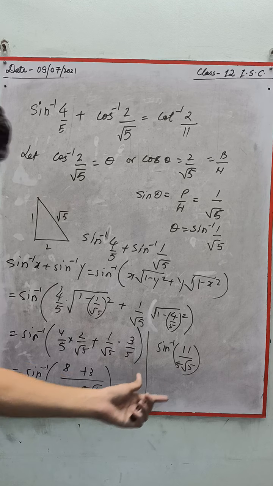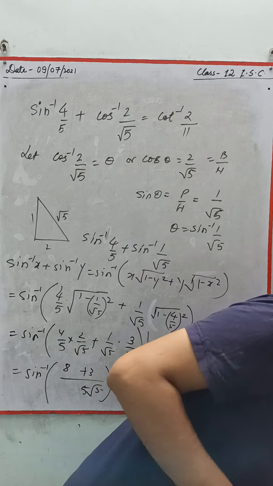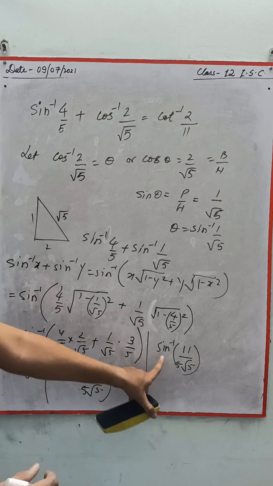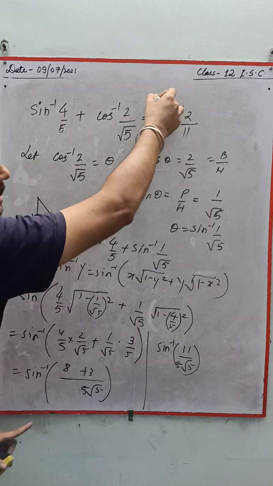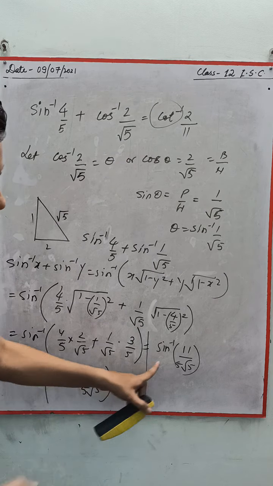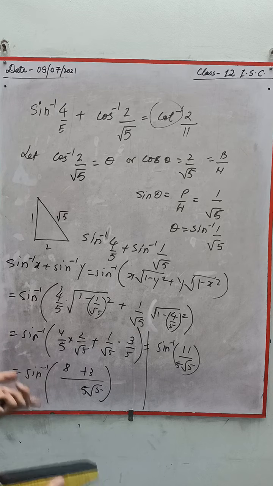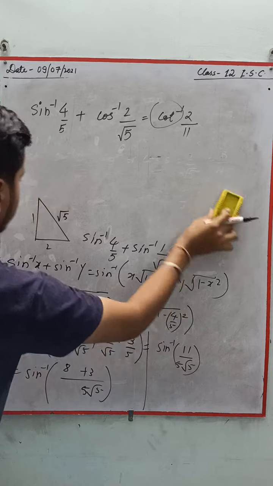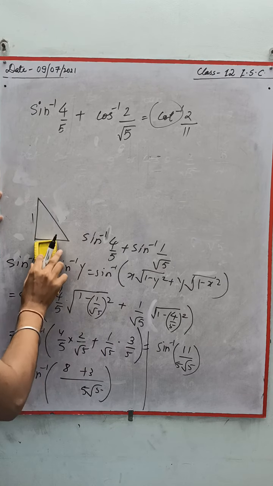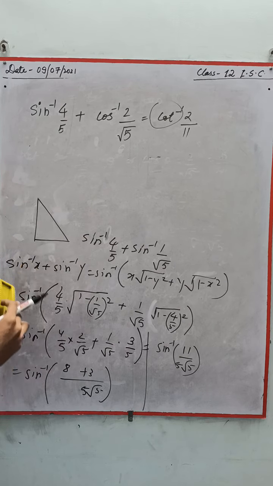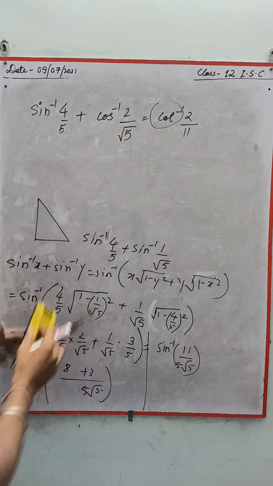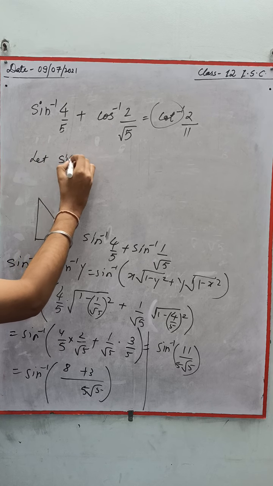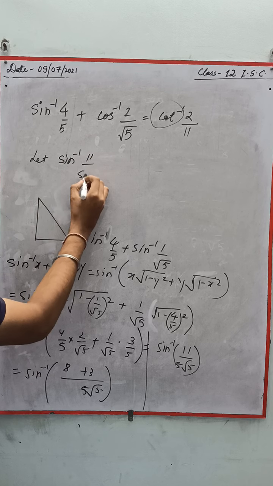Now with this result, again what we have to do, we have to consider this, because we need our answer in cot inverse, and our answer came in sine inverse. So again, consider sine inverse 11 upon 5 root 5.